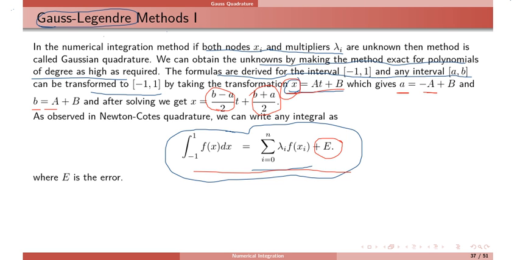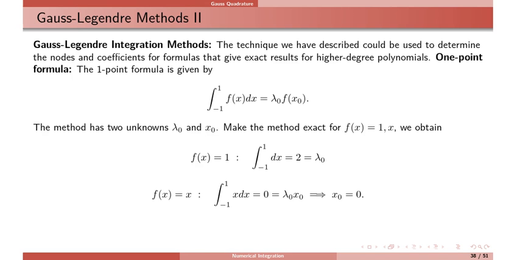We are studying Gauss-Legendre formulas. I'll start with the 1-point formula; the names are as usual: 1 point, 2 point, 3 point, etc. The 1-point formula means the integral from -1 to 1 of f(x) dx equals the function value at just one point x0 multiplied by some constant lambda 0.